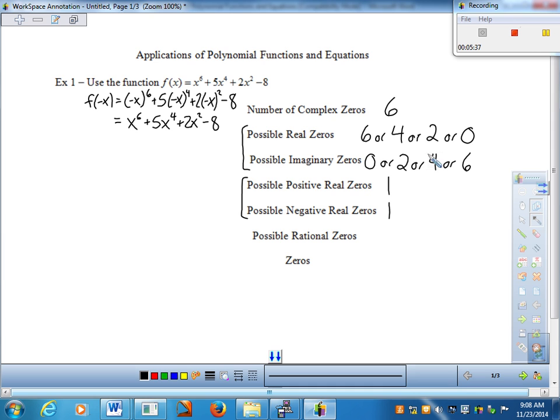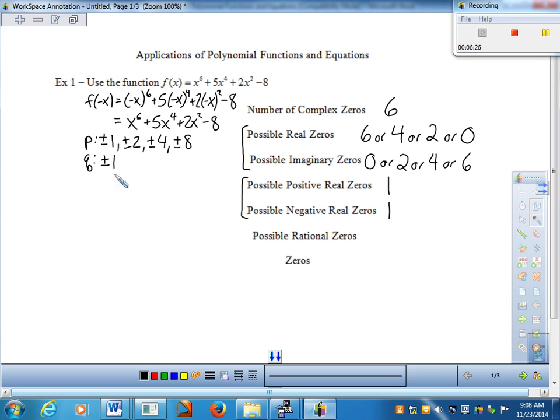All right, that's great. Next piece of business is to go into the possible rational zeros. So let's do our P over Q. This one's really not too bad, but I'll do a quick review. P would be all the factors of -8, so we're looking at plus or minus 1, plus or minus 2, plus or minus 4, and plus or minus 8. Q is all the factors of the leading coefficient, which is just 1, so plus or minus 1.